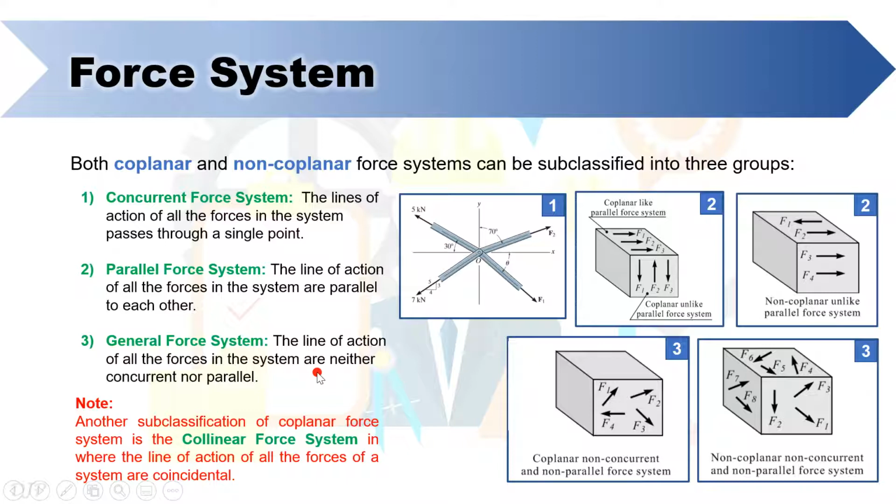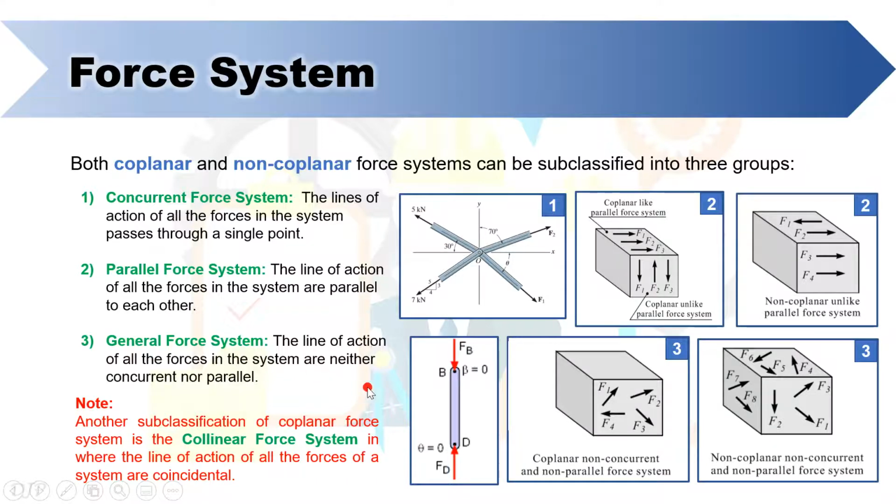This is usually seen in ideal members of steel trusses or compressive members of a machine. So this is one example. They share a common line of action.